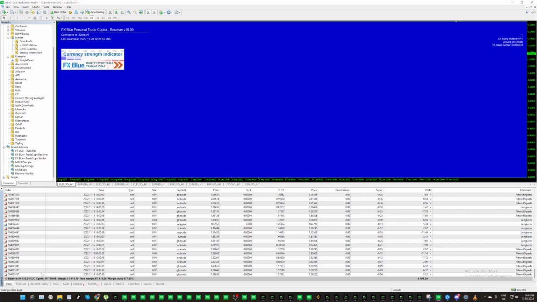This is a cent account. Using a cent account to show you guys what the risks are, because the risks can be fairly high, especially if you don't use a big account, especially if you copy trade these signals.